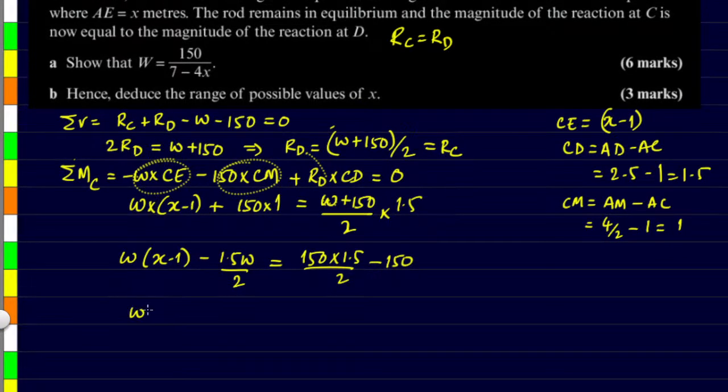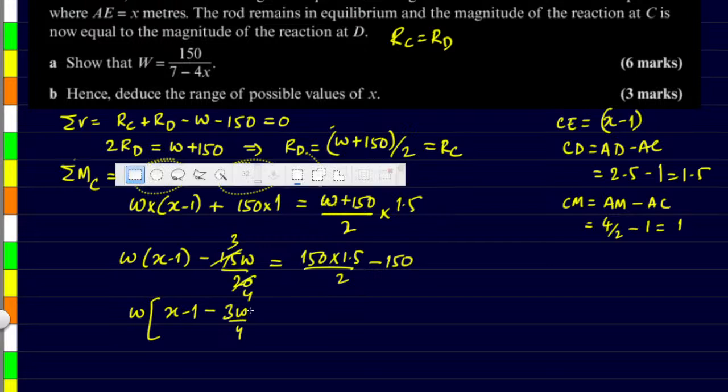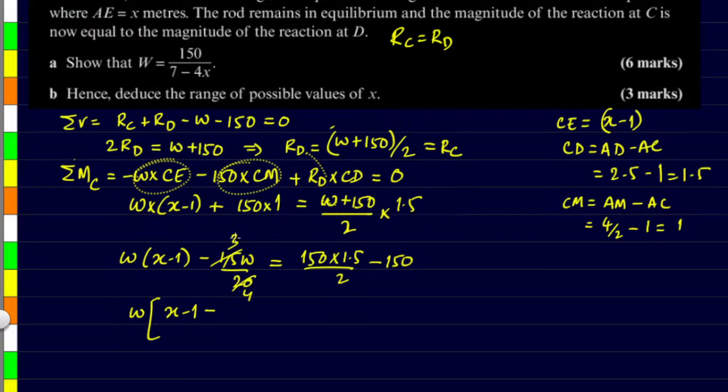Now W we can take common. We are left with x minus 1 minus 3 by 4, so 3W by 4.